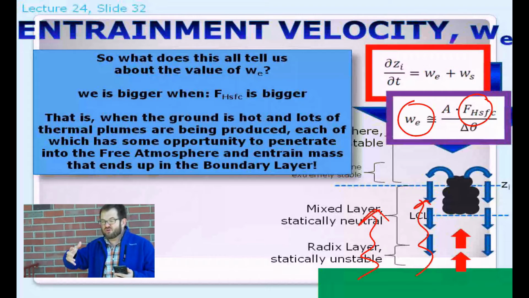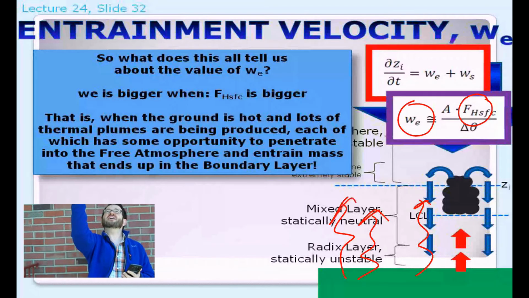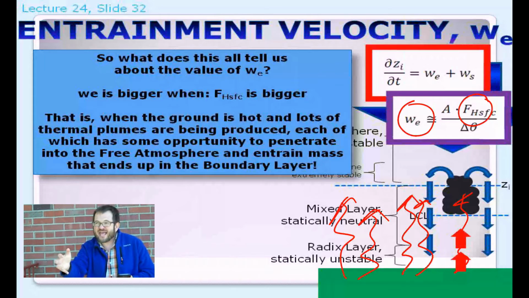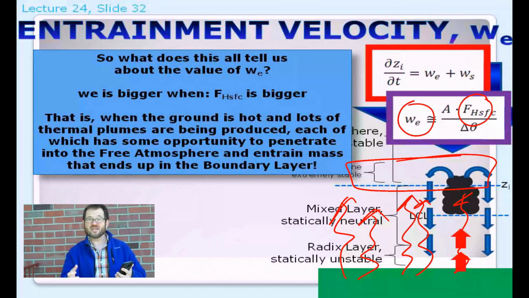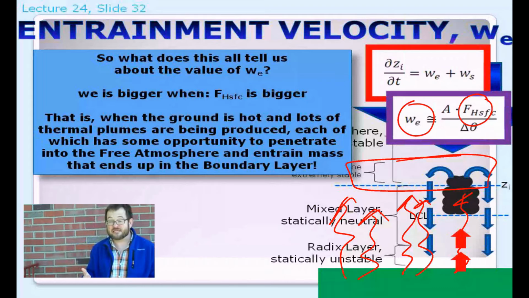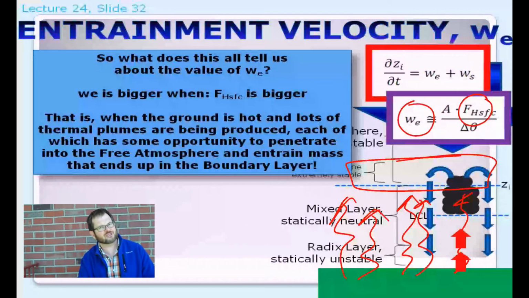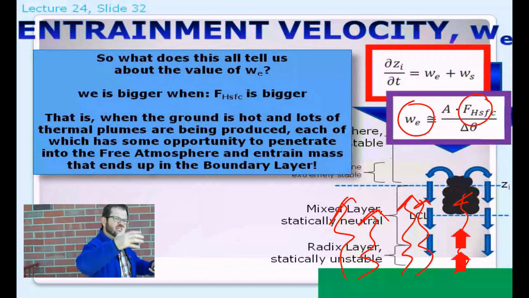And every thermal that you produce, and it rises through the boundary layer and punches through Zi and gets up there into the entrainment zone, each one that has that happen has a chance to take a little nibble out of the free atmosphere and bring that mass down to the boundary layer, making Zi increase. So the more of those thermals you get, the more you are bringing mass down from the free atmosphere into the boundary layer, the more of a flux of mass there is from the free atmosphere down into the boundary layer. In other words, the greater the entrainment velocity.